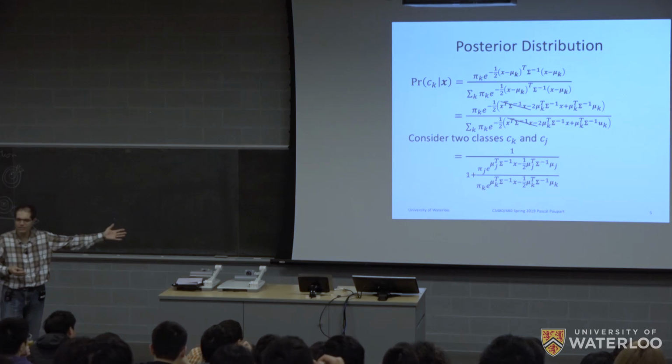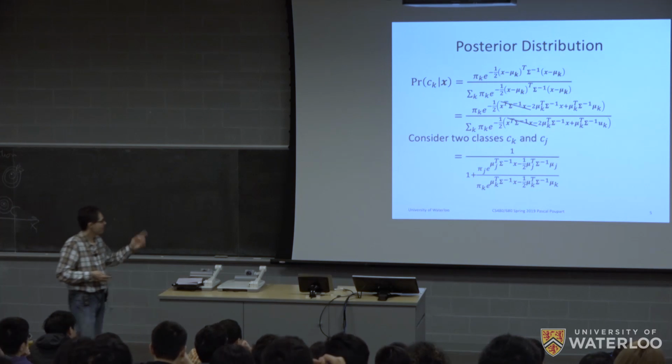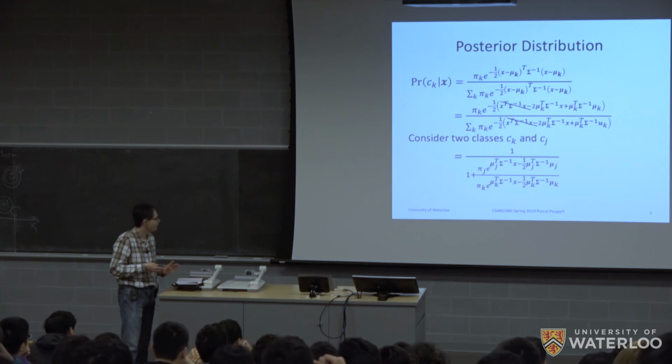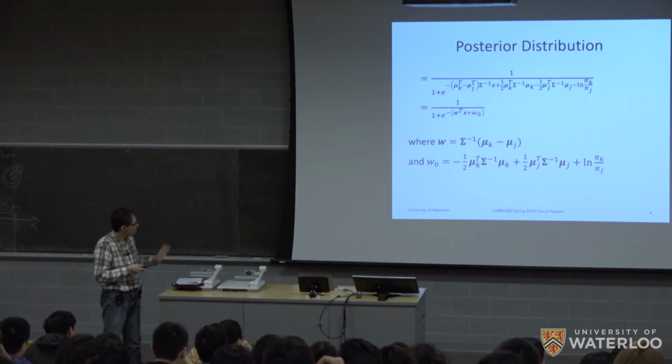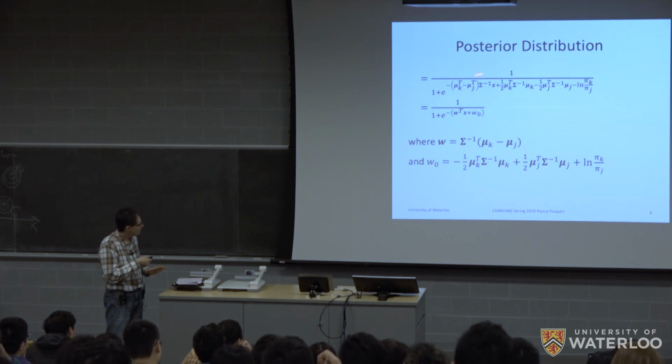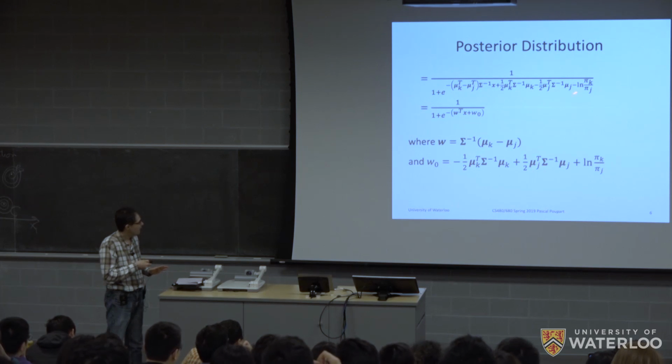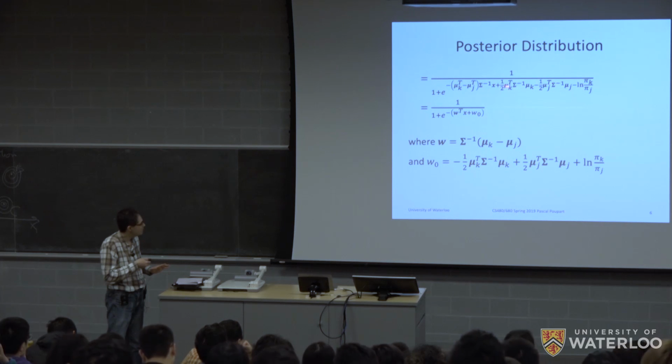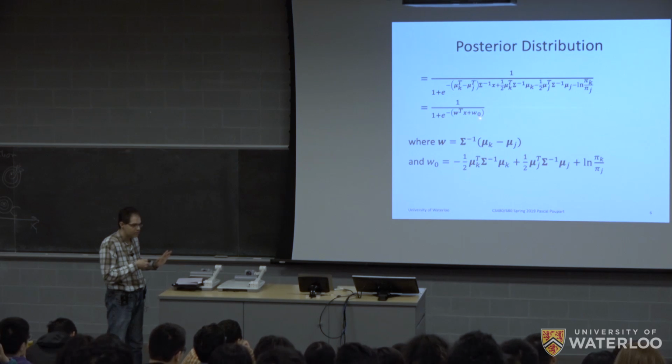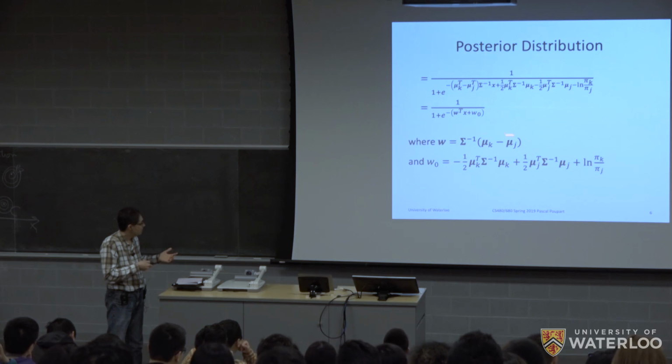This expression is not particularly good looking, but if you just hang on for a moment, if I reorganize it a little bit, and then I notice that this exponent is really linear in x, then I can rewrite this expression as just w transpose x plus w naught, where I'm going to define w to be this expression.